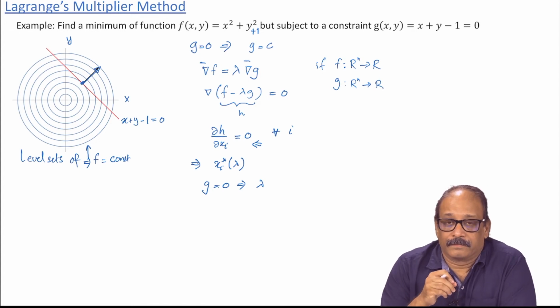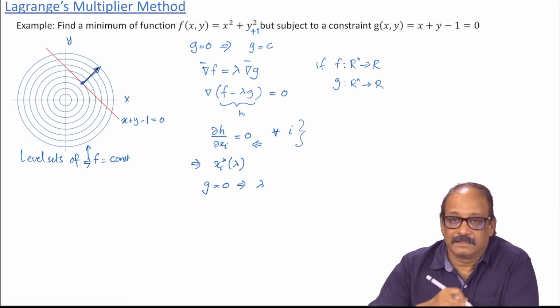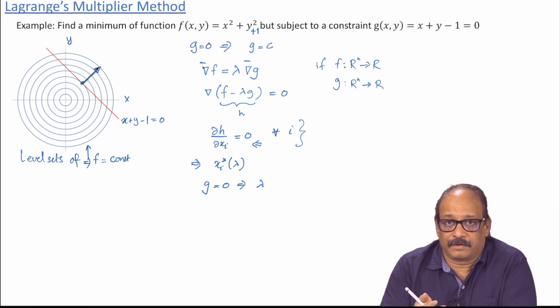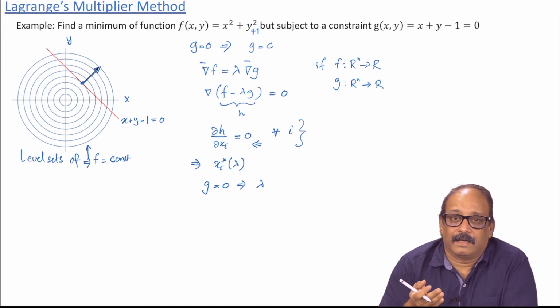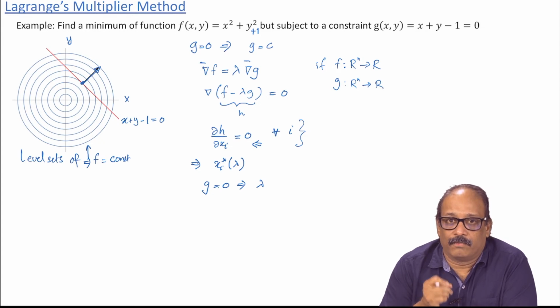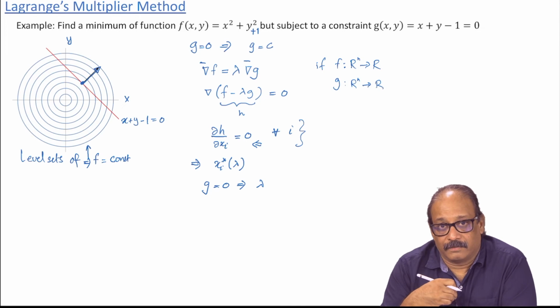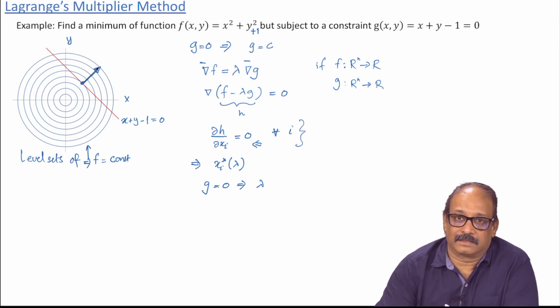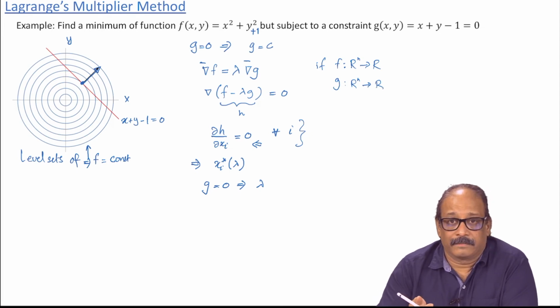So, what did we do? We in fact reduced the problem as if it was not a constraint problem, but a normal minimization problem. And in this problem, we have inserted one unknown variable which must be determined finally using the constraint equation itself. Okay. What is the price to pay?